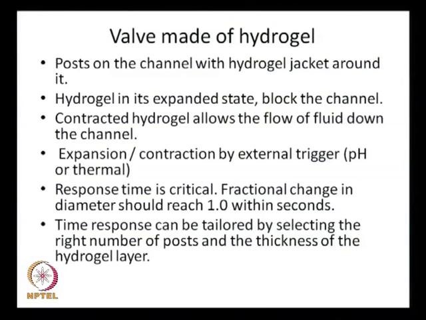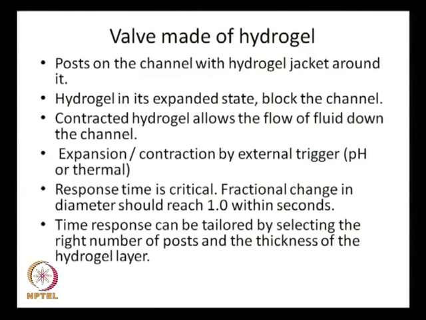So, this property can be utilized particularly when you are working with a micro scale geometry. Now, here the response time of course is very critical. How quickly it will respond, because fractional change in diameter should reach 1.0 within seconds.